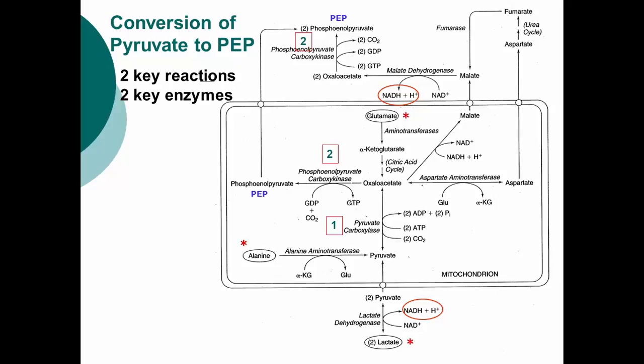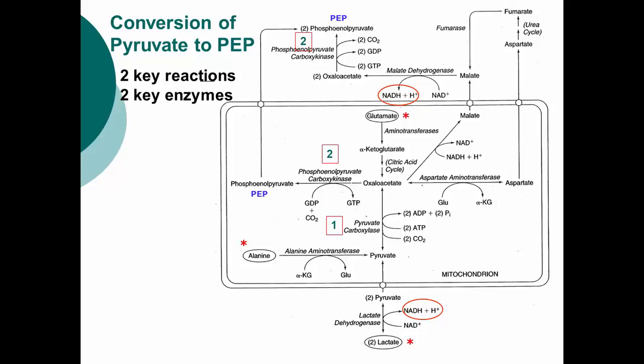Okay, so let's say we use pyruvate as the precursor. First of all, pyruvate is transported into the mitochondria, and then pyruvate is converted to oxaloacetate by the enzyme pyruvate carboxylase, and then the oxaloacetate is converted to phosphoenolpyruvate (PEP).